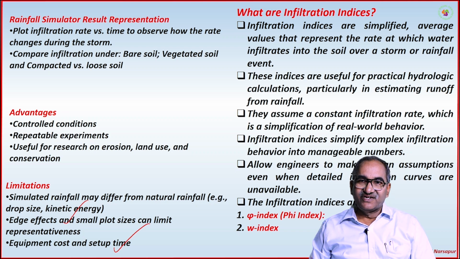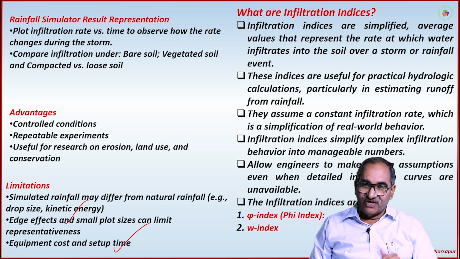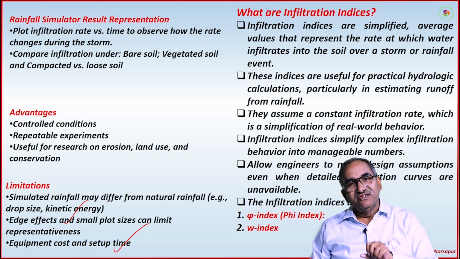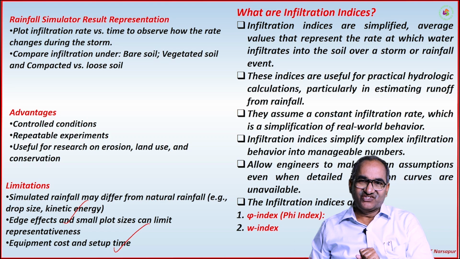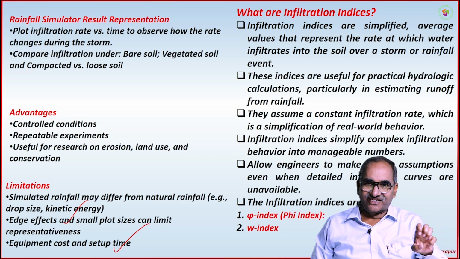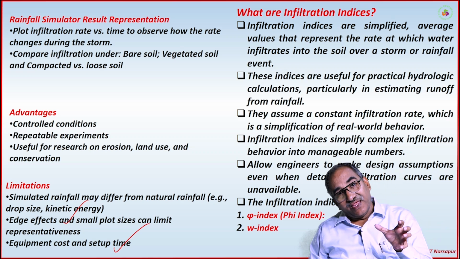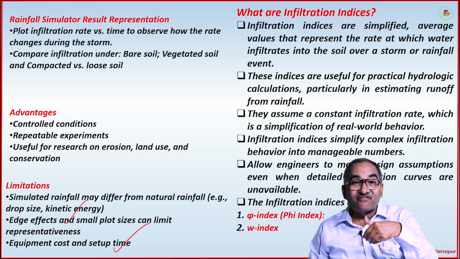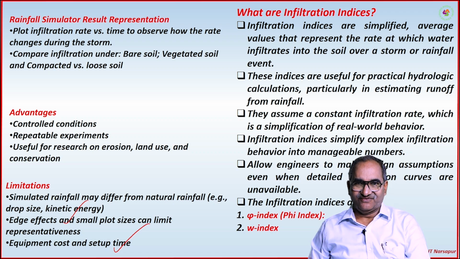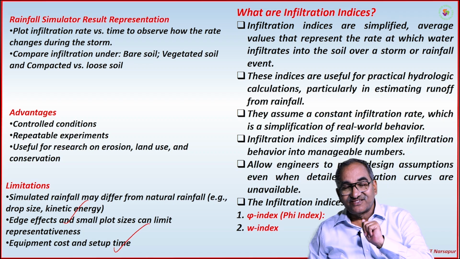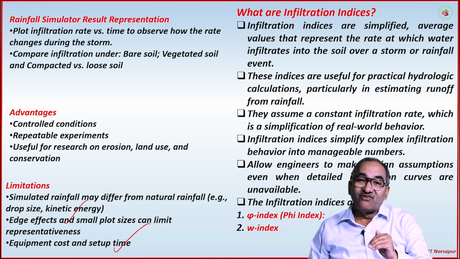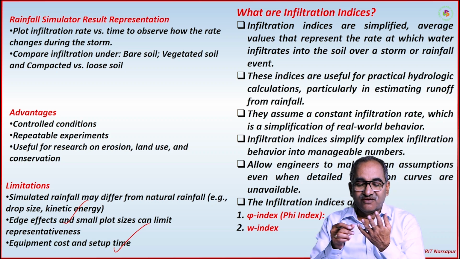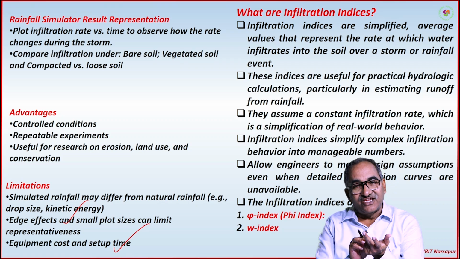Before going to infiltration indices, what we have done till today: first we observed what is infiltration, we defined what is infiltration rate, what is infiltration capacity. After defining these three terms, we studied the factors affecting infiltration. Once the factors were completed, we went for measurement. In the measurement there are two mentions: one is measurement, the other is estimation.